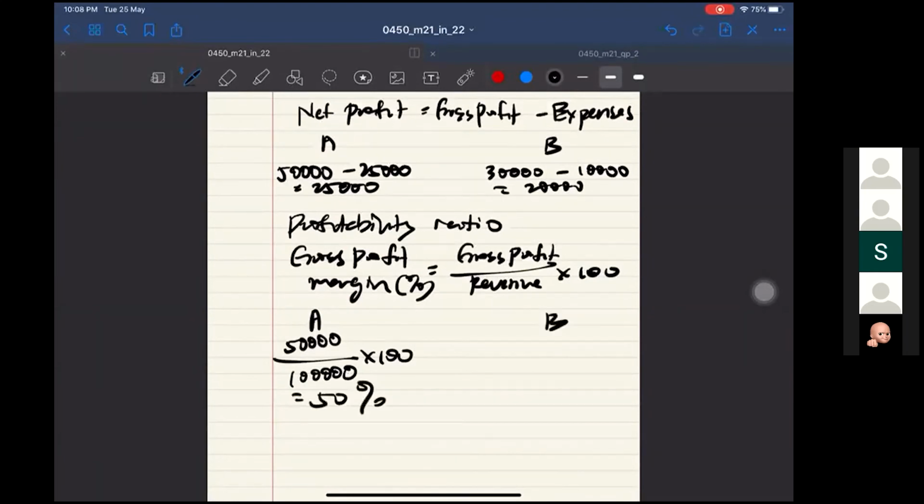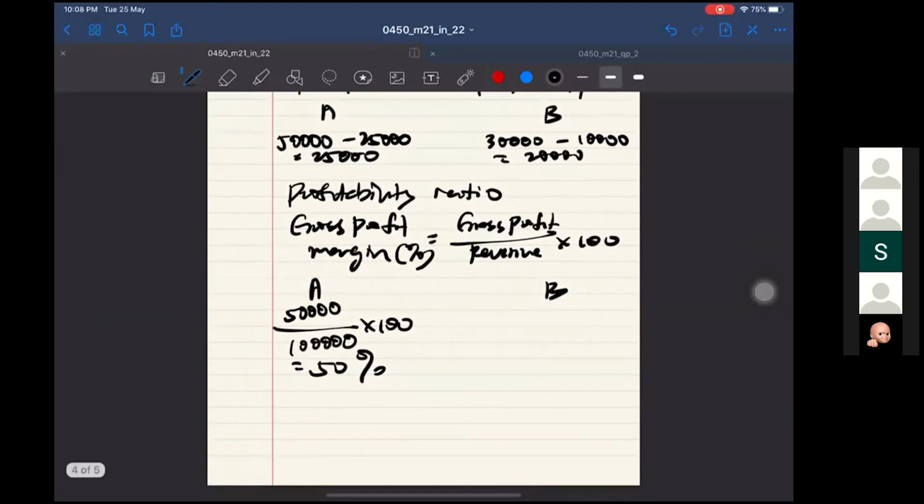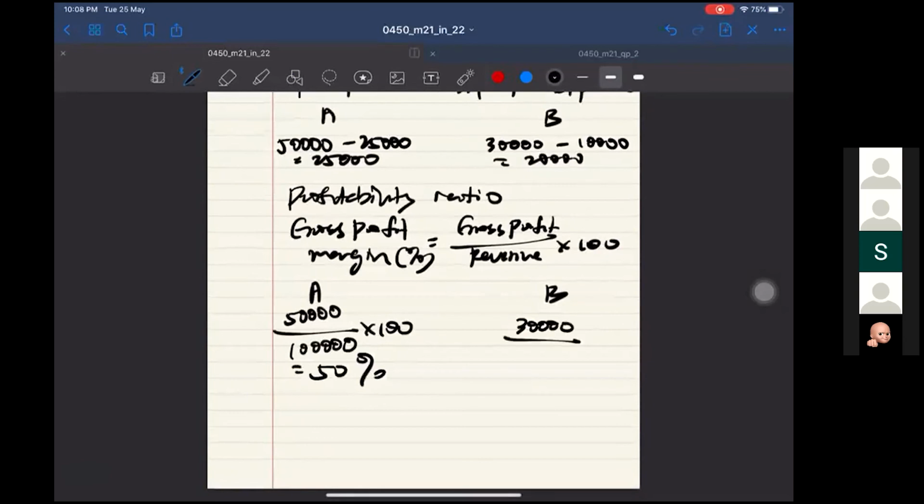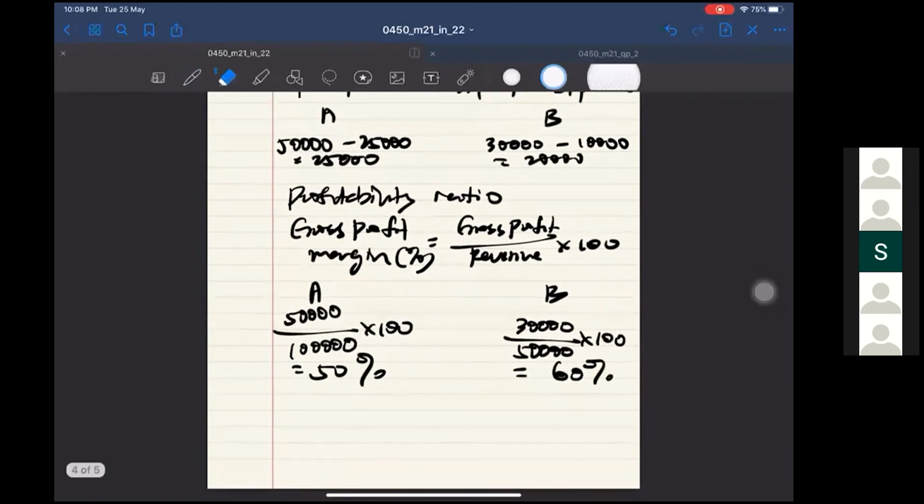And for order B, your gross profit is 30,000, and your revenue is 50,000, times 100. So your gross profit margin for order B will be 60%, right?